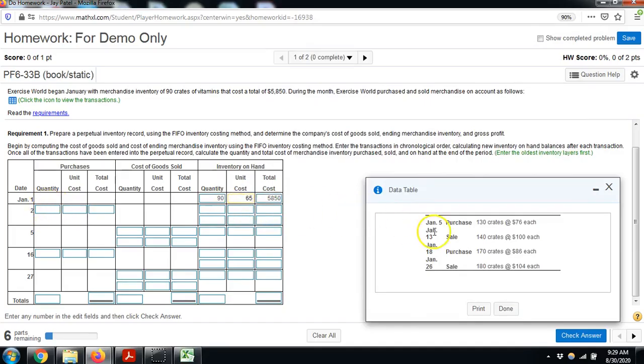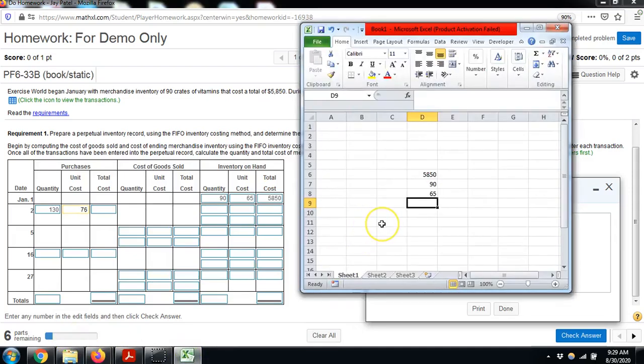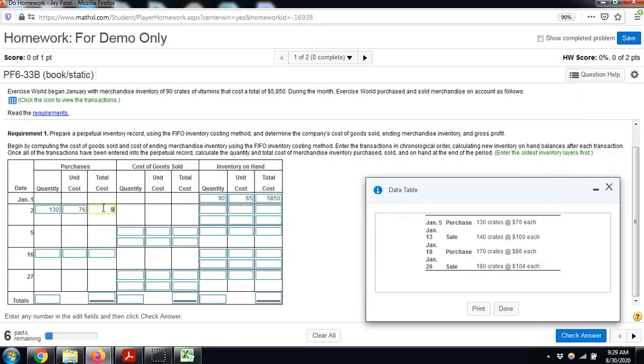So now let's go to this first purchase transaction. So we're going to buy 130 units at $76 each. And so when we do that math, okay, so now remember with FIFO we have to keep track of the different layers of inventory.